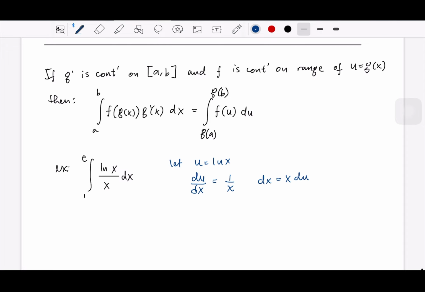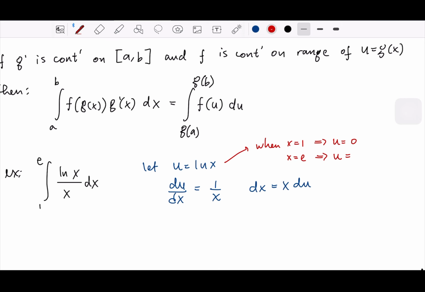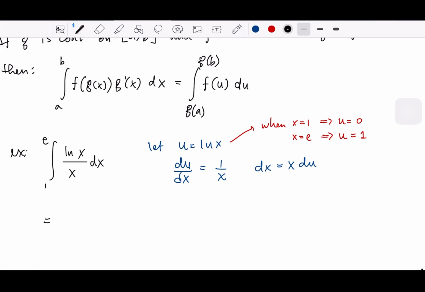But then, don't forget that when u is ln x, when x equals 1, u is equal to 0. When x is equal to e, then u is equal to ln e, which is 1. So this whole integration will be an integration from 0 to 1.